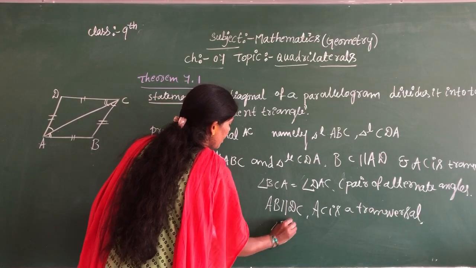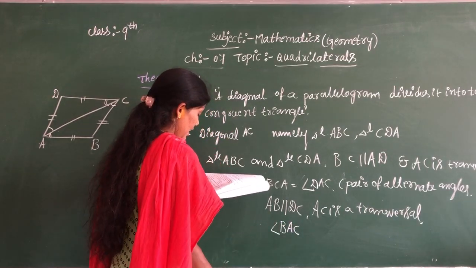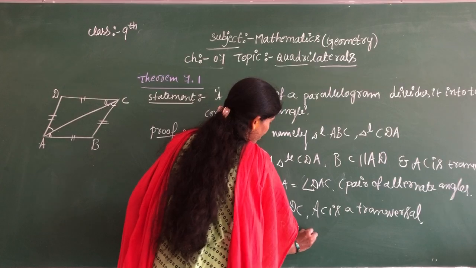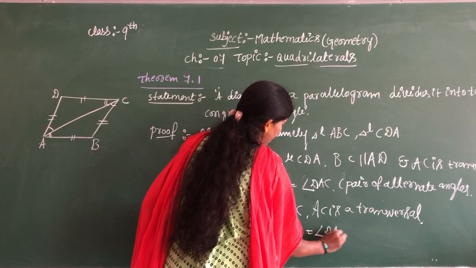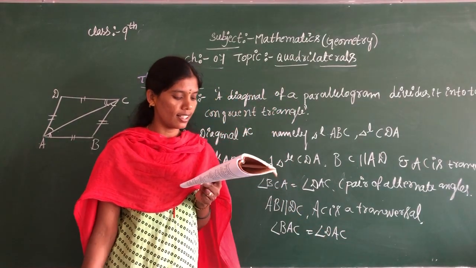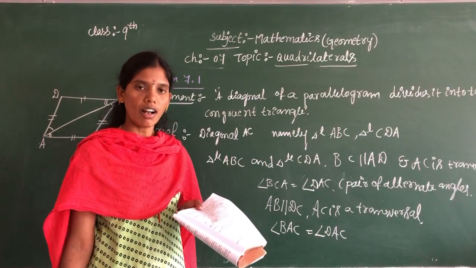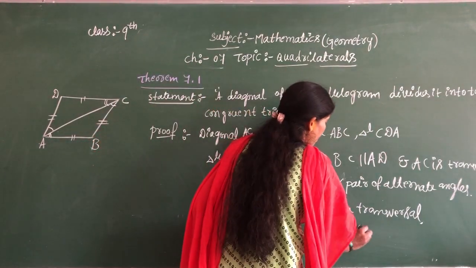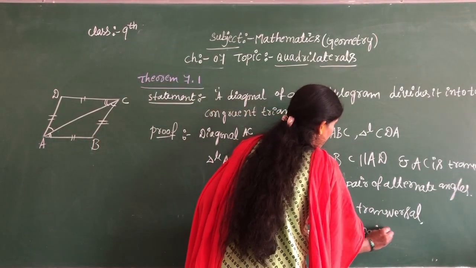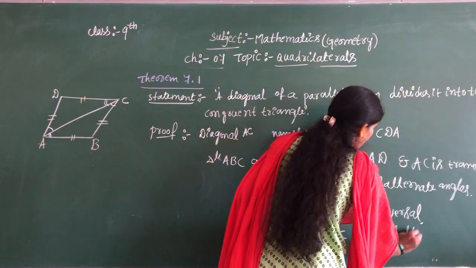Angle BAC is equal to angle DCA. What is the reason, children? It is a pair of alternate angles. Already you know pair of alternate angles.